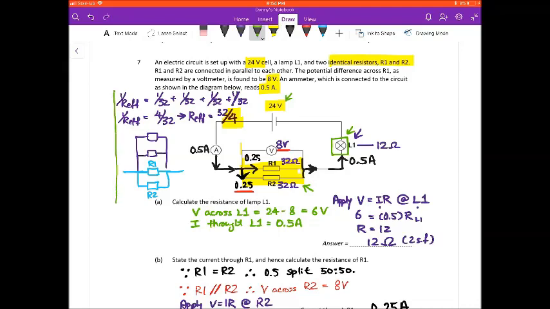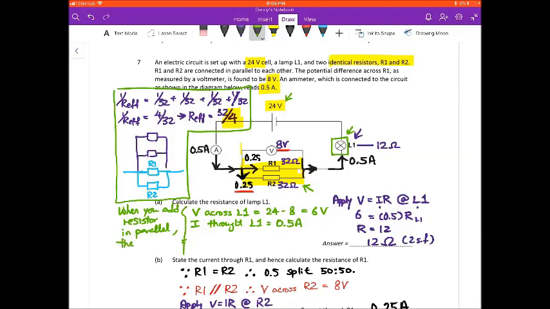So this entire working shows you that when you add resistor in parallel, the more you add, the lower the R effective.